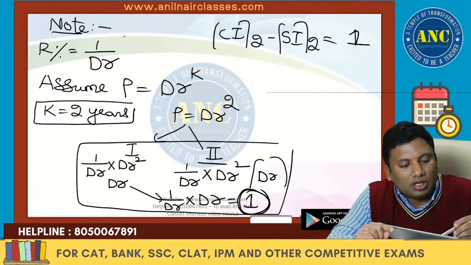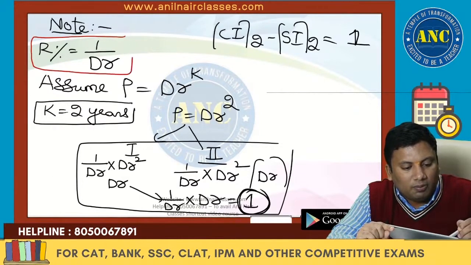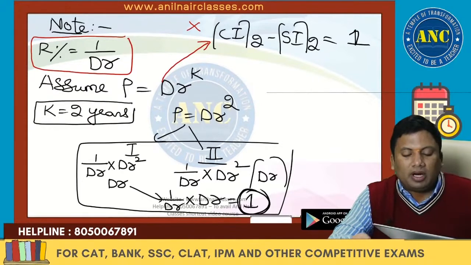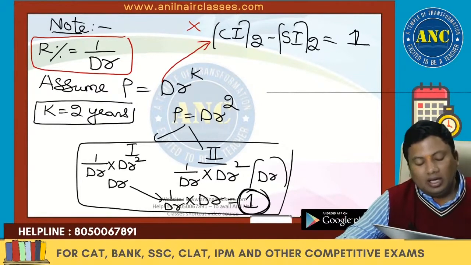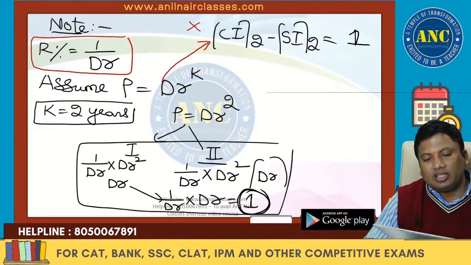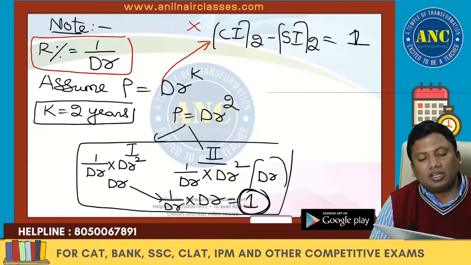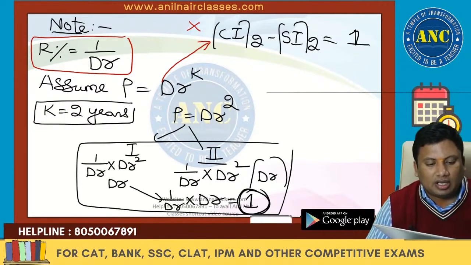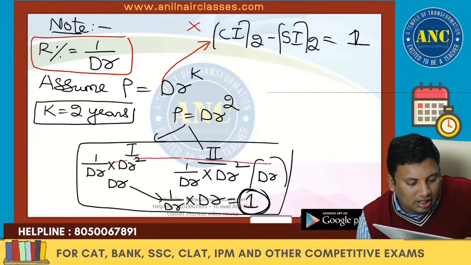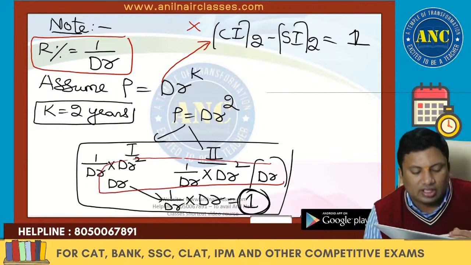Direct conclusion: R percentage is 1 by denominator. If the principal is denominator power k, CI for 2 minus SI for 2 is nothing but 1. Please write down this point. Why is it 1? D is nothing but SI for 2 years, 2dr.